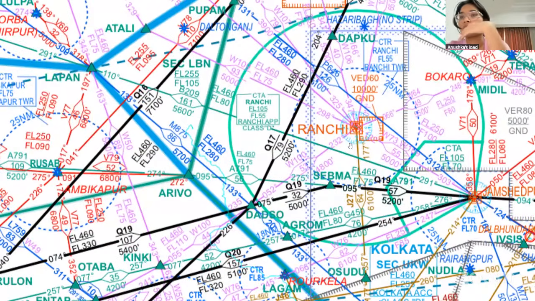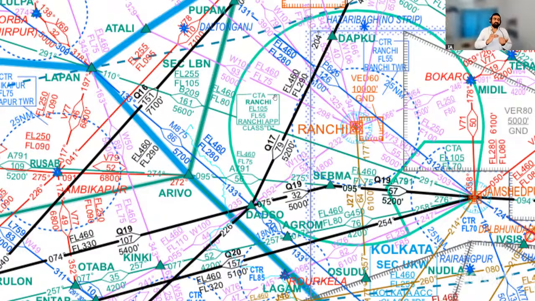So we see that there are restricted areas, danger areas, prohibited areas. There is something called CTA. Can you see the CTA at Ranchi? CTA and CTR, control area and control zone.